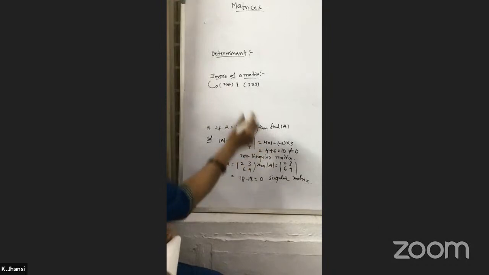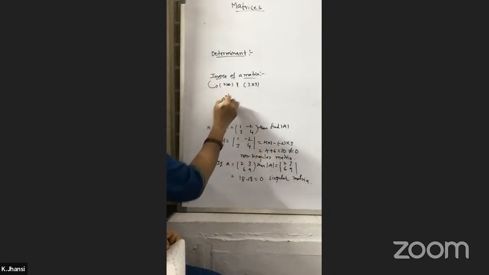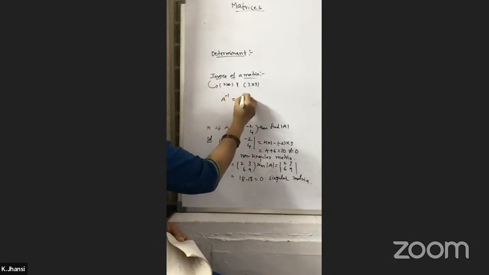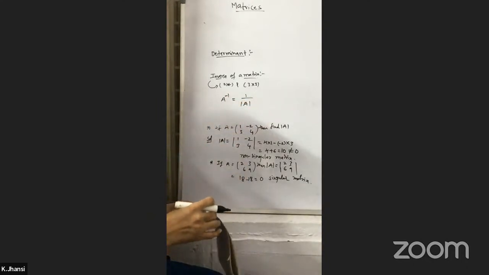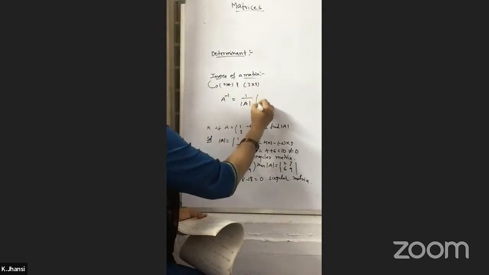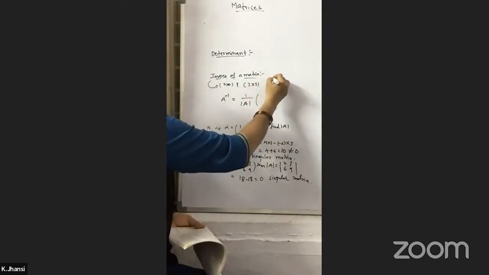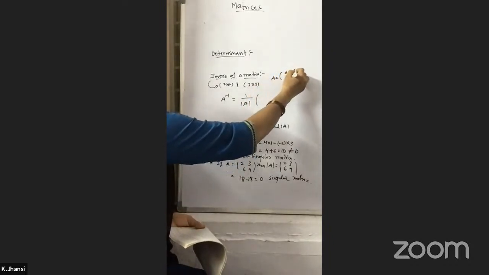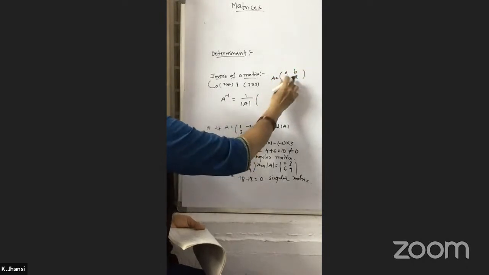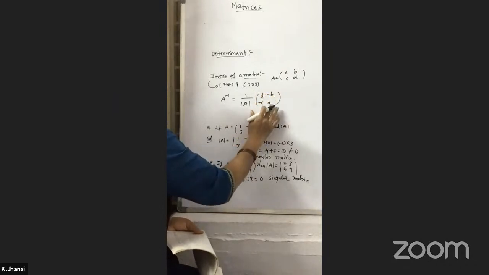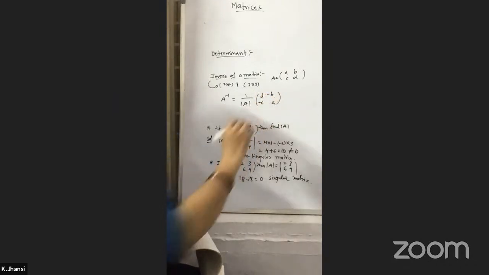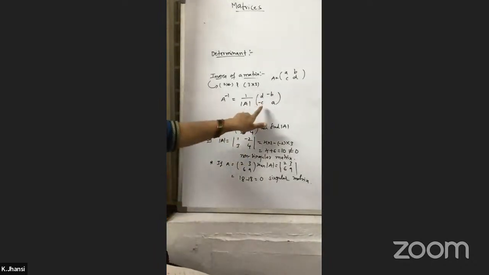Because the A inverse formula is 1 by delta into the matrix A, B, C, D with D and A interchanged, and minus B, minus C. So this is the inverse formula for a 2 by 2 matrix.